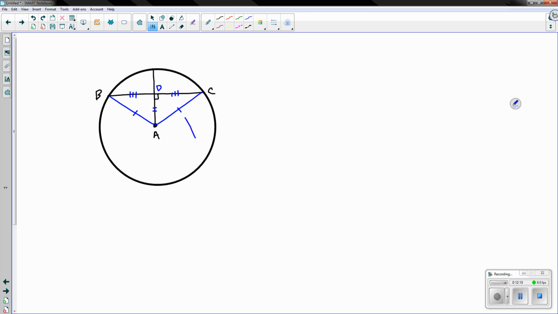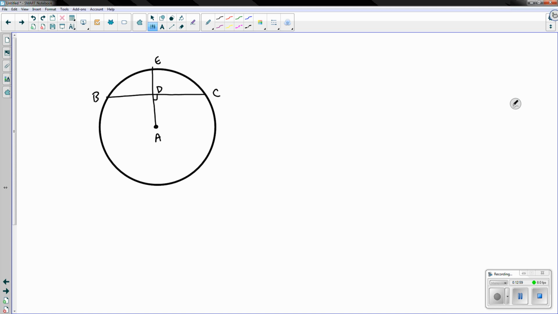Now, me introducing these radii is a technique that you're going to want to be able to draw in on your own in the event a problem asks you to find the length of BC when you have a radius length. So for instance, let's say we're asked to find the length of BC.